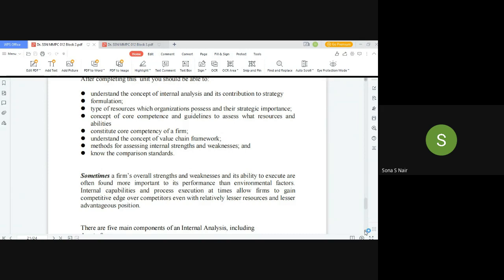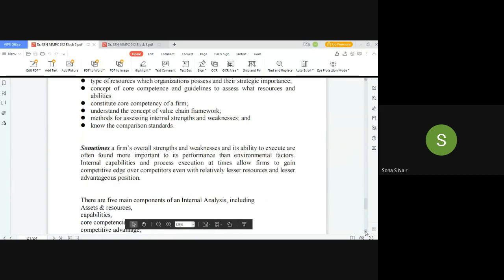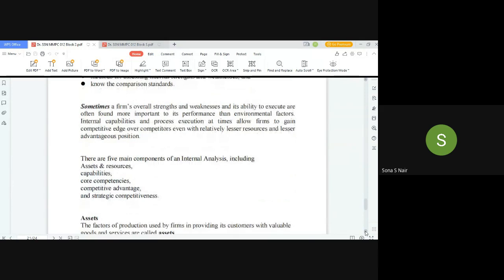Okay, so what are these things? What are these qualities that we are talking of? And why do we need to look at them? Because how does it help us in the strategic management process? So there are 5 main components or 5 qualities that we might talk of as far as internal analysis is concerned, and as far as the internal strengths of the organization is concerned, which help us match the corresponding environment which is outside the organization.